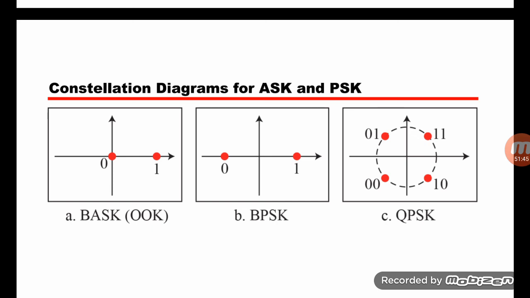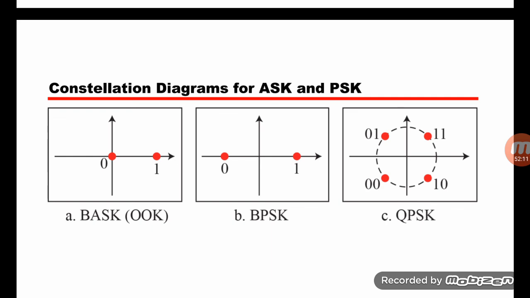Now look at this one. This is QPSK. You can see that all these dots are on a circle, which means that the amplitude of all these dots is the same, because any dot on the circle has the same amplitude. So the amplitude is the same, so it cannot be amplitude shift keying. And what about the phase? You can see that the phase of this one is this, as I just showed you on this diagram.